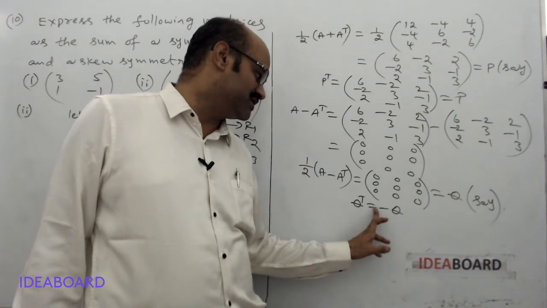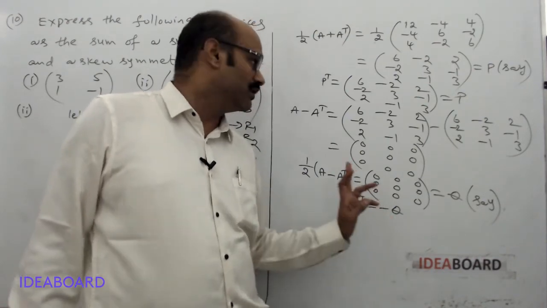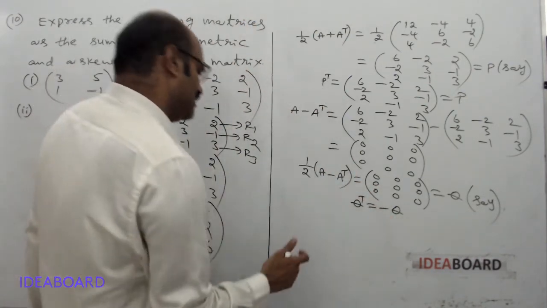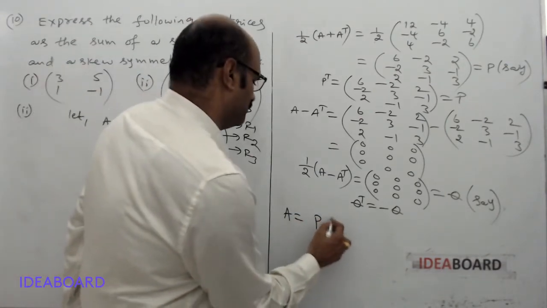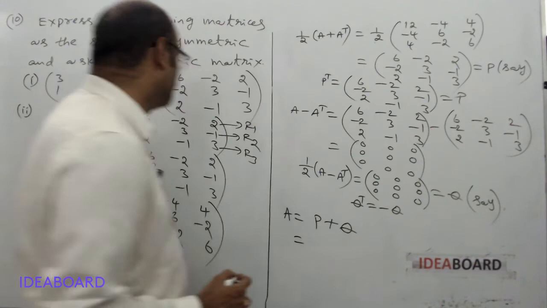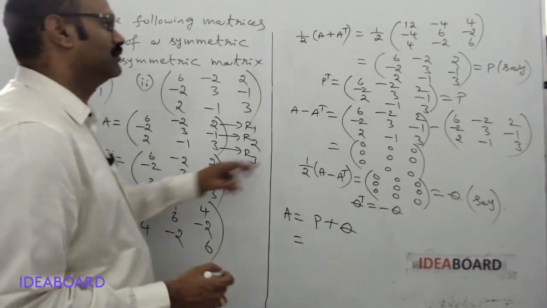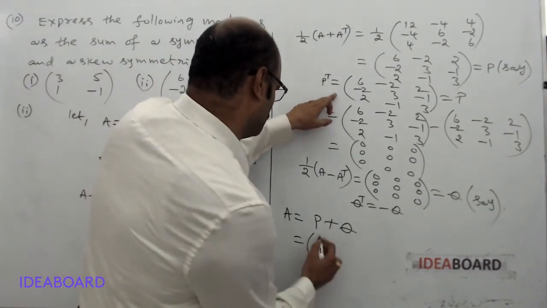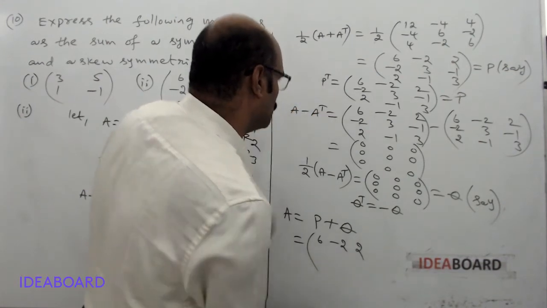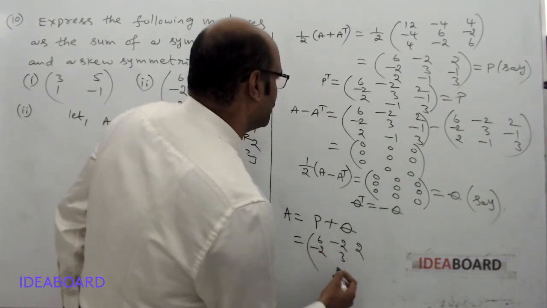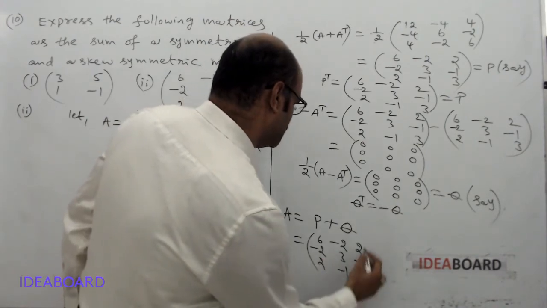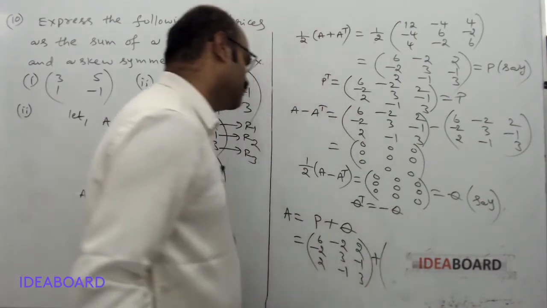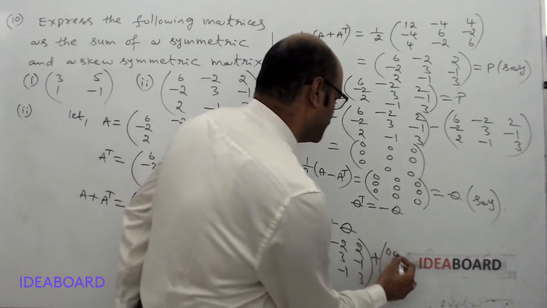Now the given matrix A equal to P plus Q. P equal to 6, minus 2, 2, minus 2, 3, minus 1, 2, minus 1, 3 plus Q equal to null matrix.